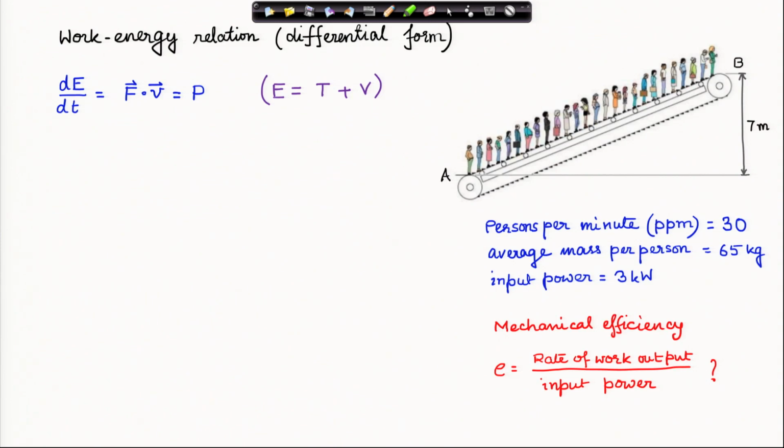Of course, here the power supplied is given to the motor, and the rate of doing work of the escalator has to be calculated, and then there will be a difference. Why this difference? Because there are losses. This is not a conservative system, there are losses. We have to find out how much the efficiency is.